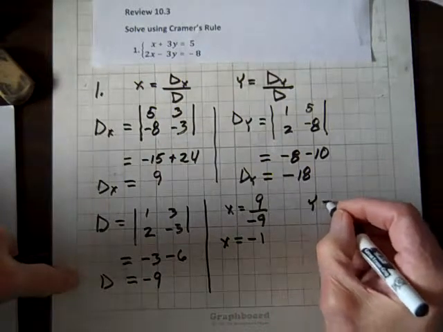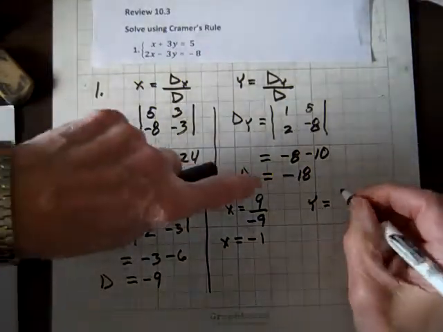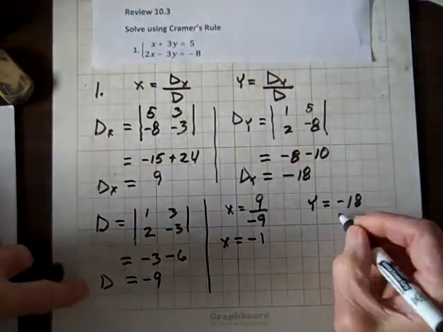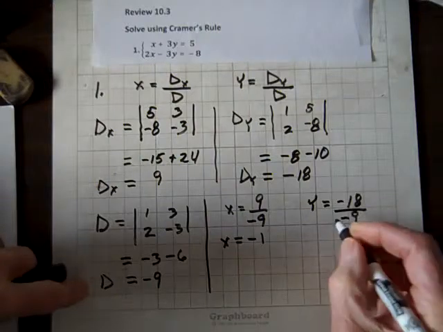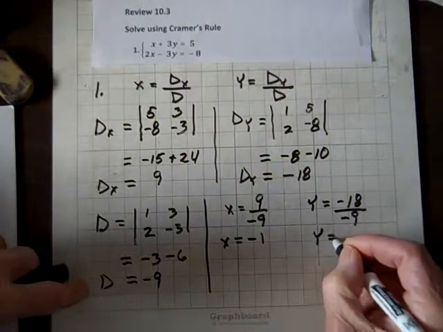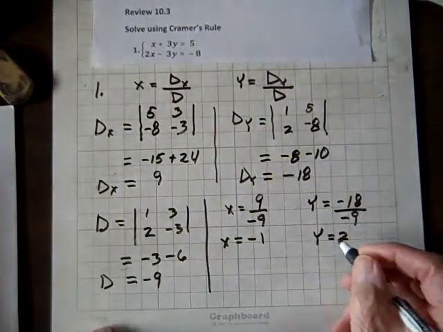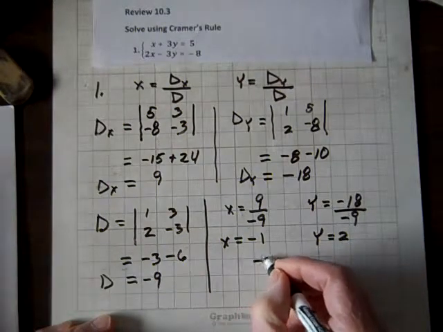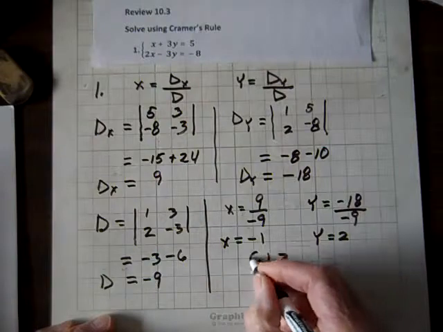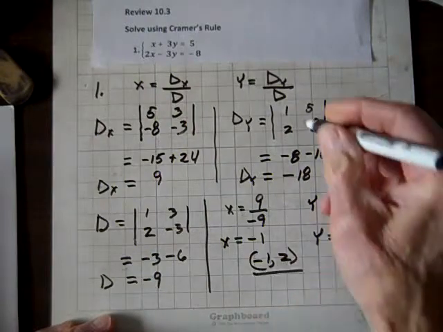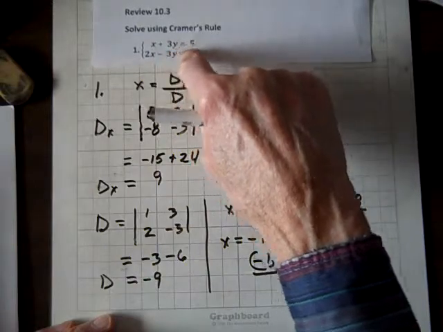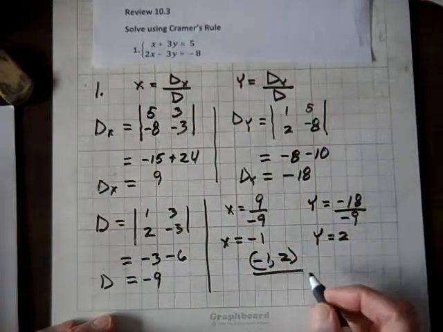And y equals d sub y, which is -18, over d, which is -9. So y equals 2. And so our ordered pair is -1, 2. And when we check those values against each equation, we get true statements in each case.